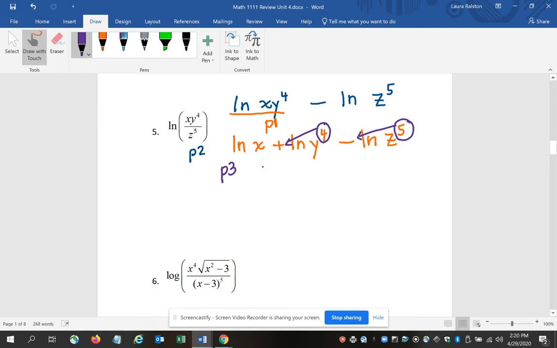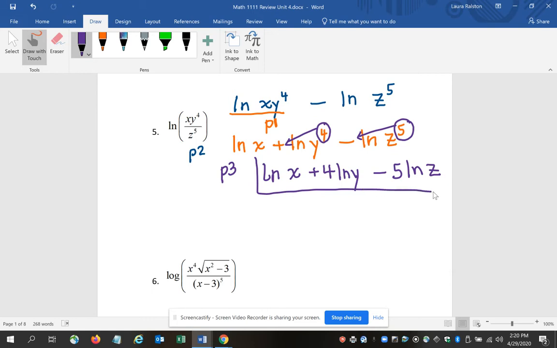So we multiply it. So we would end up with the natural log of x plus 4 times the natural log of y minus 5 natural log of z. Again, this is the most appropriate answer because you have it in the simplified form.